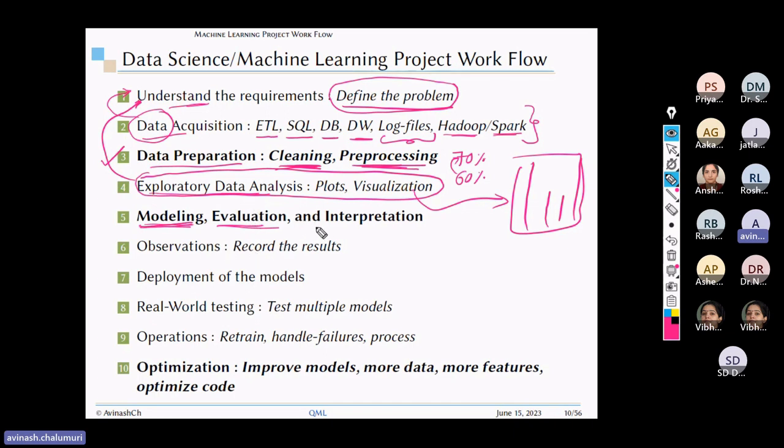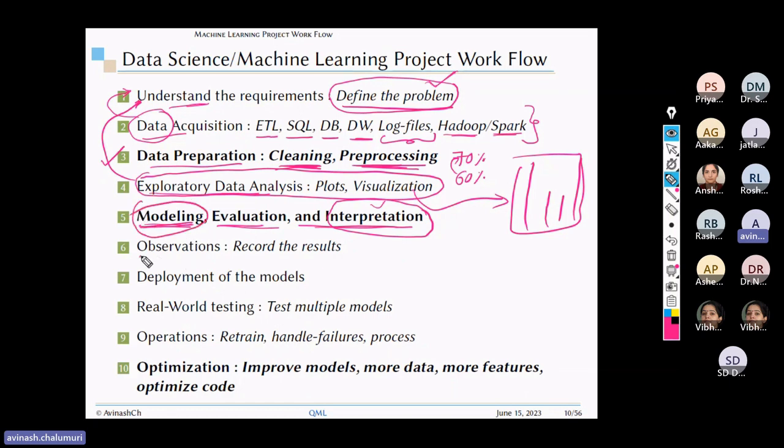And then you interpret the model. I'll come back to this interpretation because not all models are interpretable. Some models in machine learning are interpretable, like decision trees. So it depends on the problem. If your client asks you to design something interpretable, you should carefully select such kind of modeling on the data.